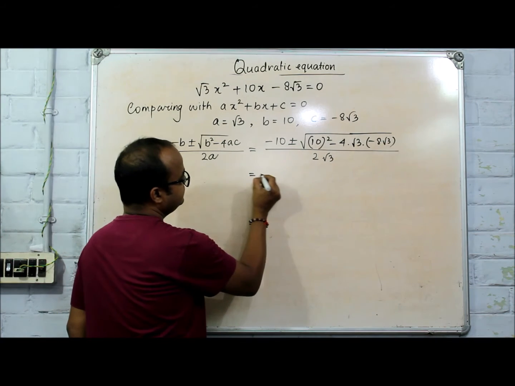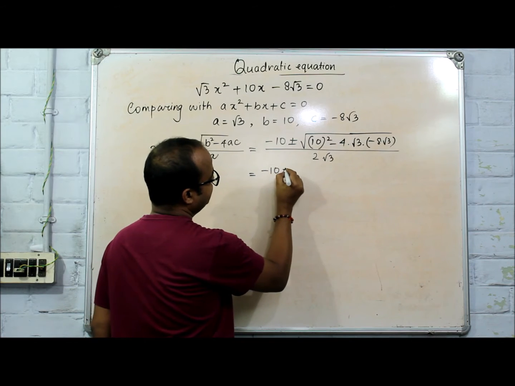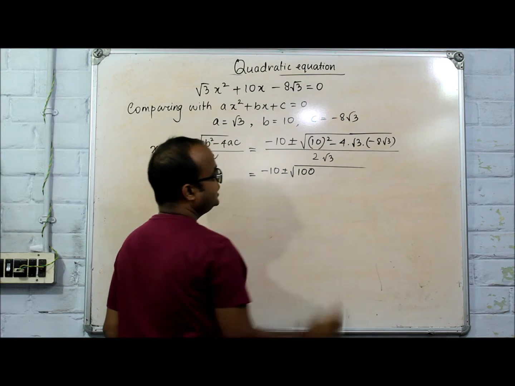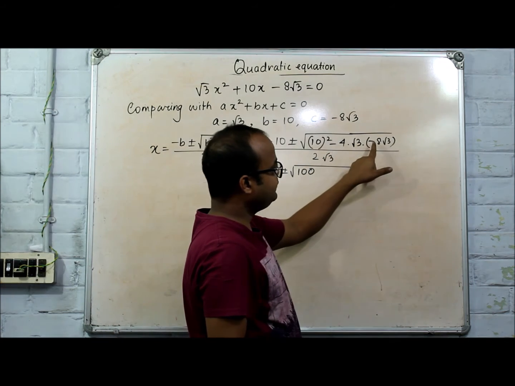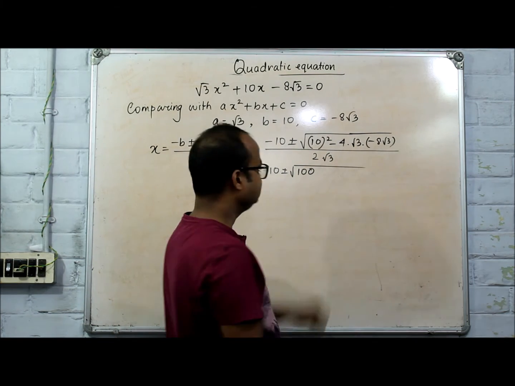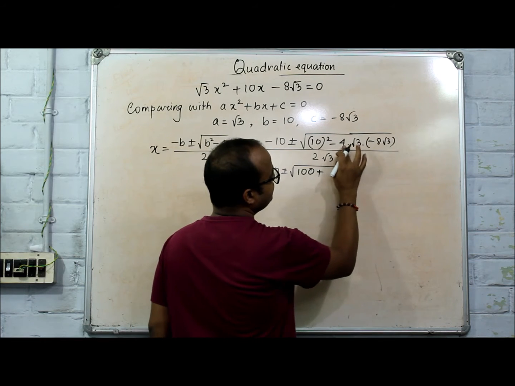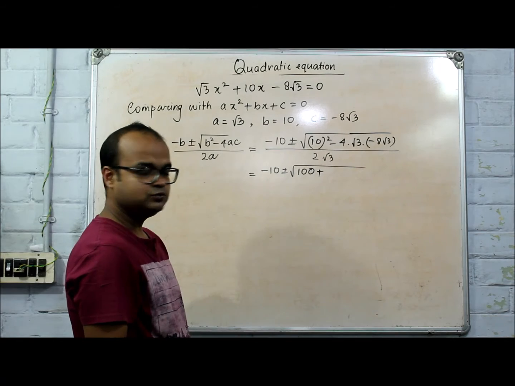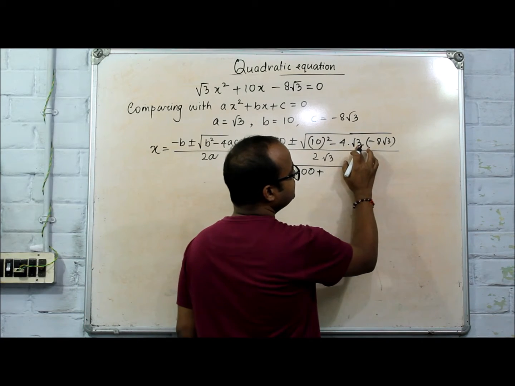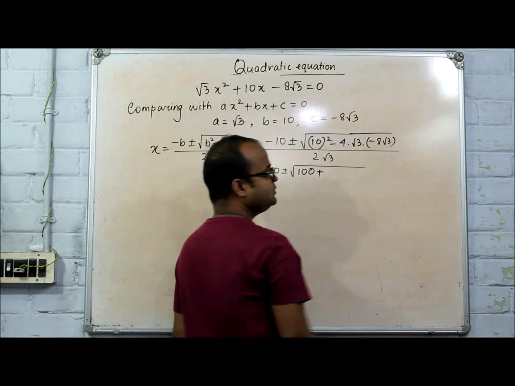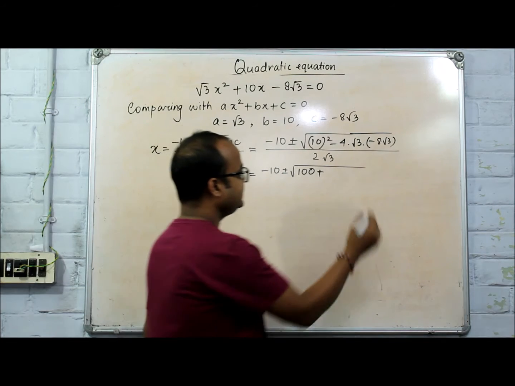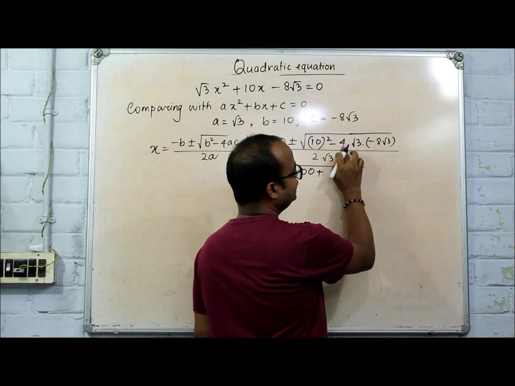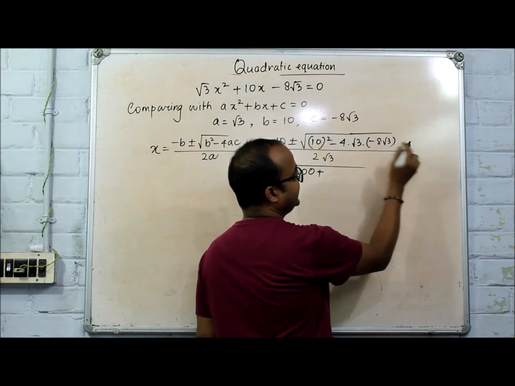Now we simplify. Minus 10 plus minus square root of 10 squared, that is 100, minus of minus plus 4 into 8, 32, and root 3 times root 3. Multiplying these two, minus minus plus 4 root 3 multiplied by 8 root 3.